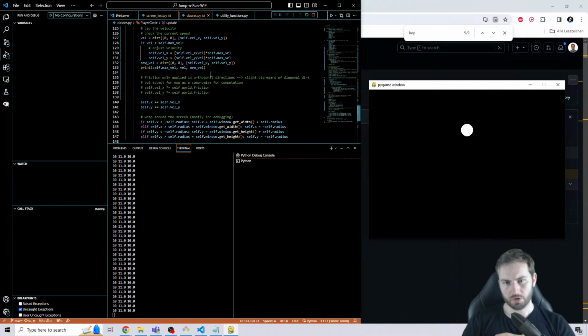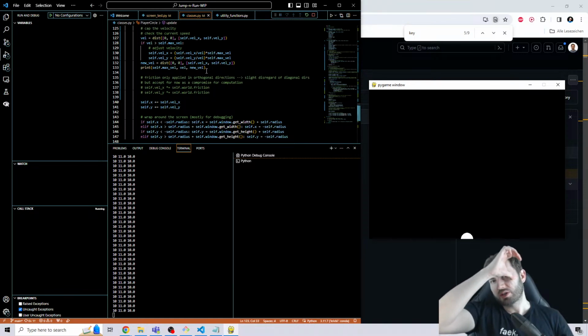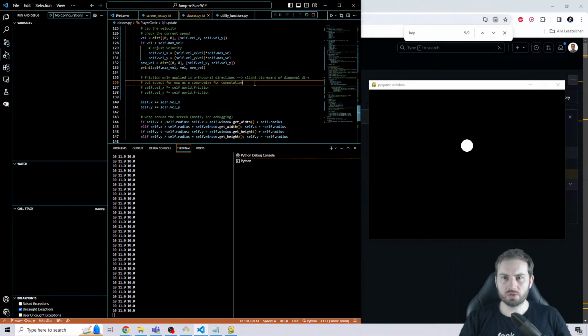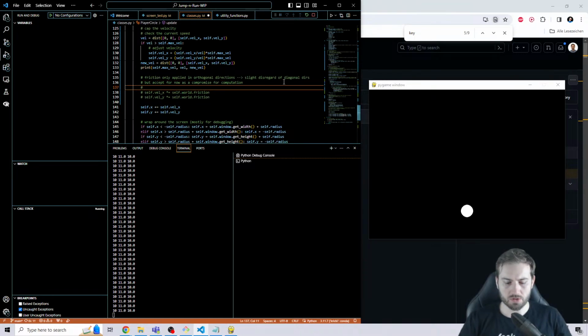That the gravity is slower, or quite a bit slower. But the friction, I actually don't want to apply that to the velocity. To the acceleration.